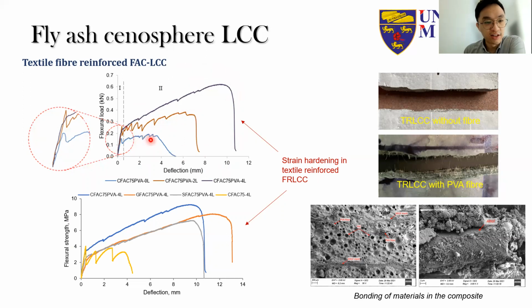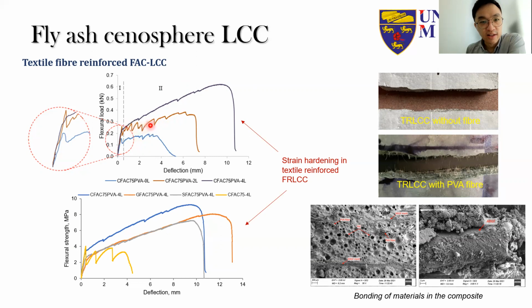Without any glass fiber mesh, there will still be a little bit of ductility due to the use of 1% PVA fibers. So definitely in this kind of fly ash cenosphere LCC, we will still require at least fibers to make sure that it has sufficient ductility.